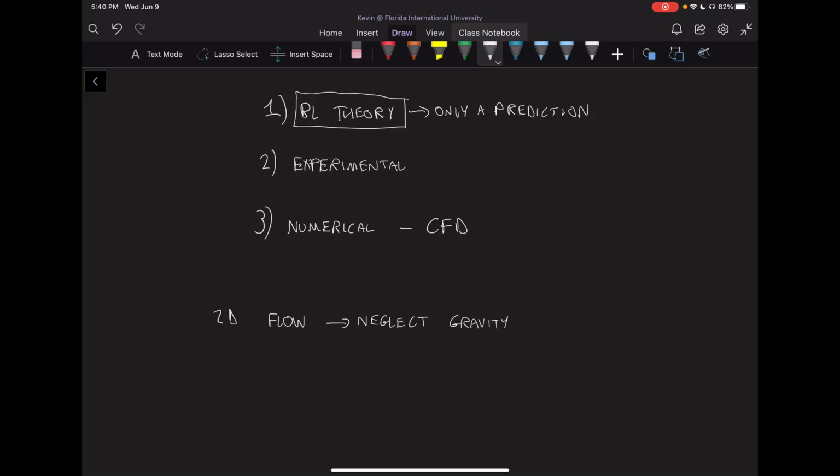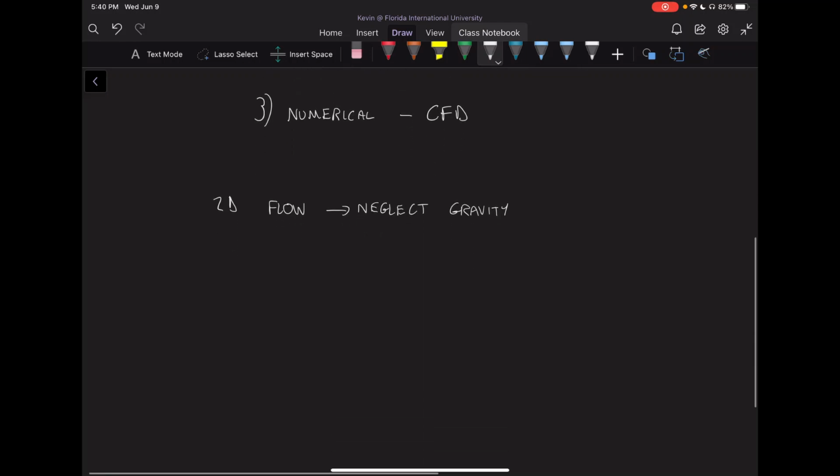So if we look at just a portion of the flow in 2D, we can write that our continuity equation and momentum along the wall, so in our boundary layer, is going to be equal to the following. So the continuity is going to simplify to partial u partial x plus partial v partial y is equal to 0. Okay, we get rid of the z term.